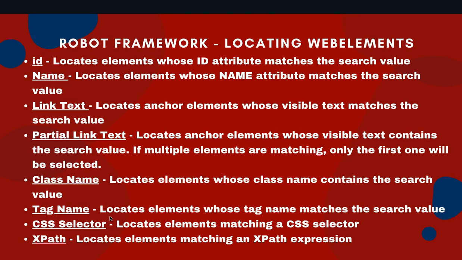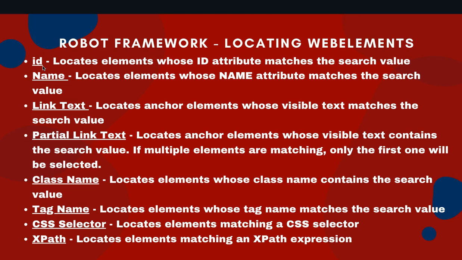On your web page, how is Robot Framework or Selenium WebDriver going to identify where it needs to click, where it needs to send the input values, or click on the button or the link? That is where you need to know what web elements are on your web page and how you are going to interact with them. So we'll cover all these web element locating strategies on an actual website.